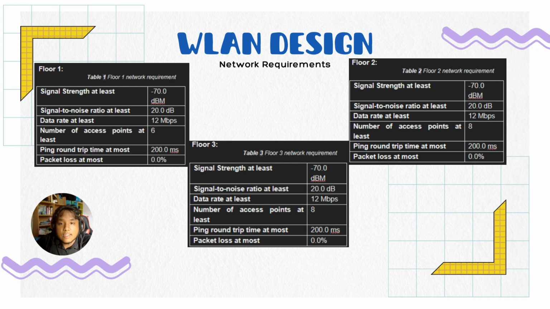For floor 1 it is 6, floor 2 is 8, and floor 3 is 8. The quantity of access points is to provide adequate coverage and capacity for the users. And it helps distribute the load among access points, prevent network congestion, and ensure a balanced and efficient network.